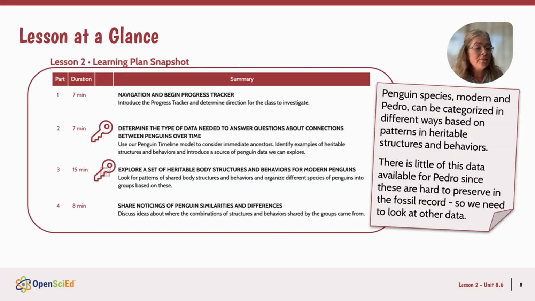We figure out that penguin species, modern and Pedro, can be categorized in different ways based on patterns in these heritable structures and behaviors. But we also figure out that there is really little of this data available for Pedro, since these are hard to preserve in the fossil record. And so we figure out that we really need to look at some other data.